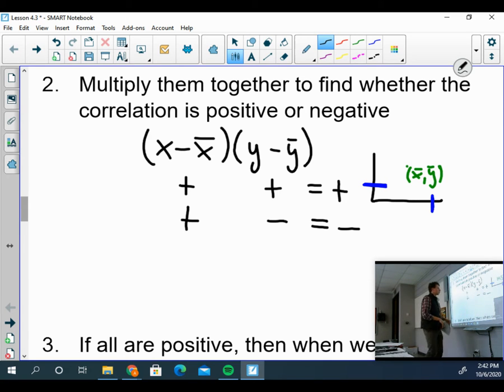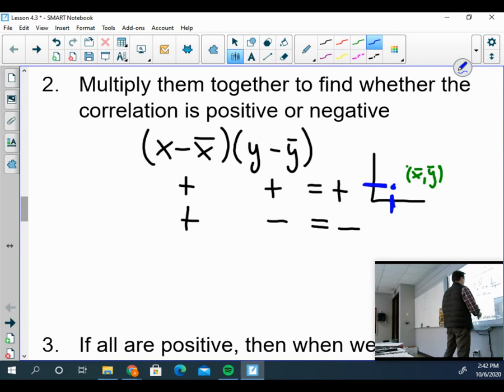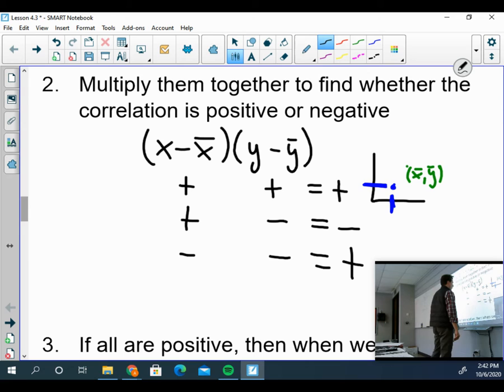If you continued to think through this, if I had a low value for X and a low value for Y, maybe a point down here, I would get negative times a negative, which equals a positive. If I had a low value for X and a high value for Y, I'd get negative times positive, which equals a negative.